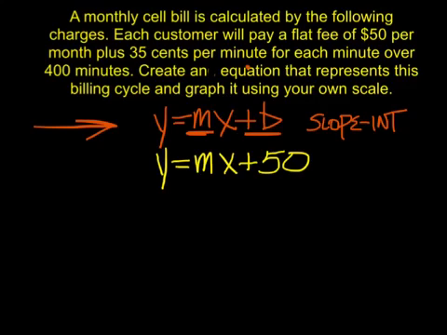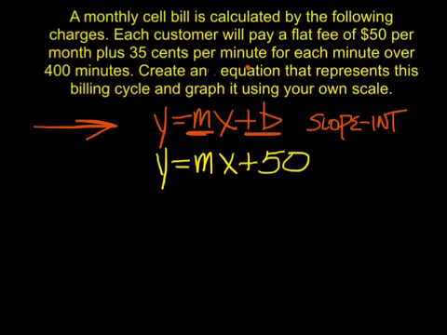Alright, so now the m and the x are going to be for our minutes, our minute calculations. It's 35 cents per minute for each minute over 400. M is going to be 35 cents. Now don't make the mistake of putting 35 in the equation, because it's not 35.